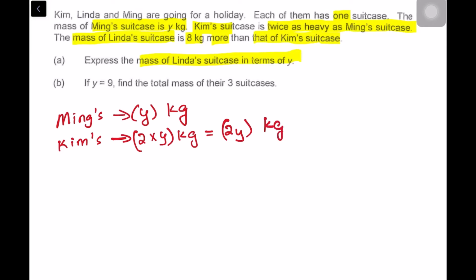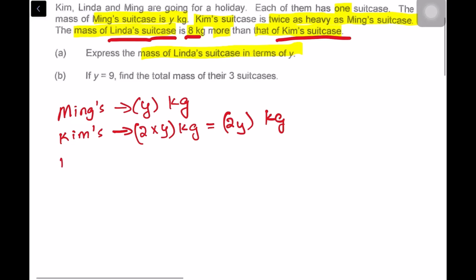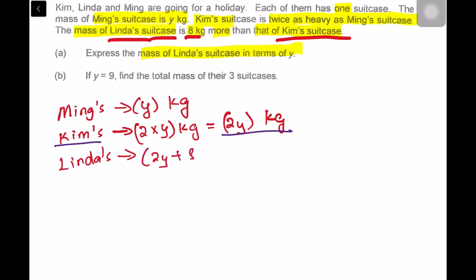And similarly, it is given that Linda's suitcase is 8 kilograms more than that of Kim's suitcase. So Linda's suitcase would weigh 8 kg more than Kim, 8 kg more than 2y. So we get 2y plus 8 kilograms.